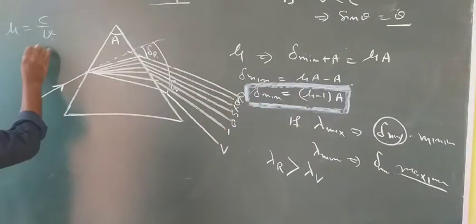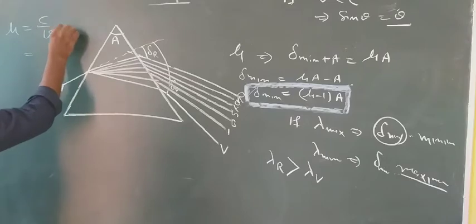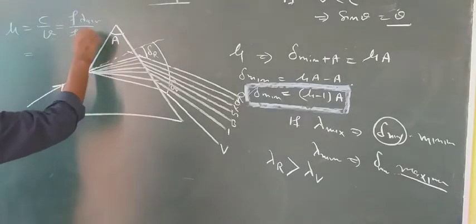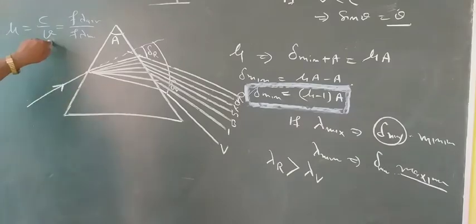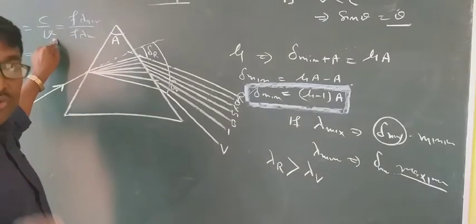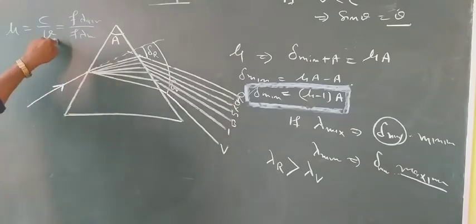Since v is equal to f lambda, this is f lambda in air upon f lambda in medium. The velocity of the light ray depends on its color. So different colors will have different speed in the same medium.